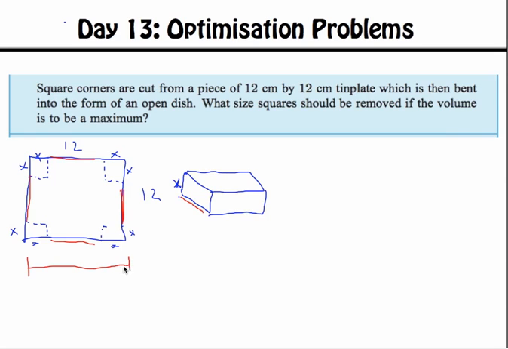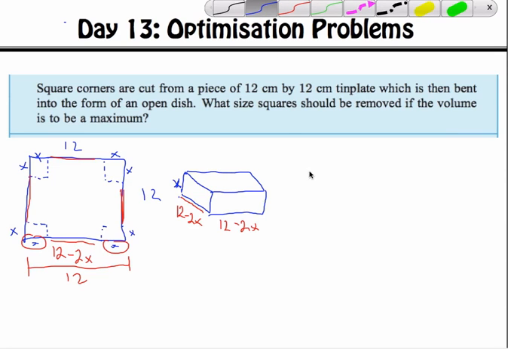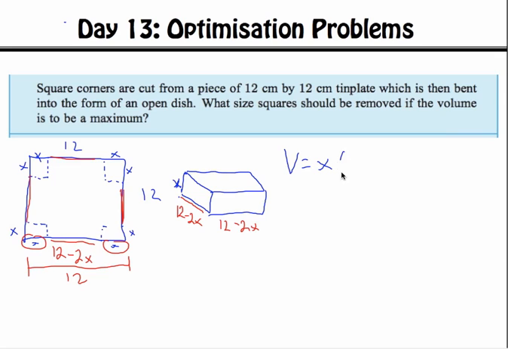This distance here is 12, and we have two x's on the end, so this is going to be 12 minus 2x, and this is 12 minus 2x. So to get the volume, we're going to have volume equals x times (12 minus 2x) times (12 minus 2x). And we can maximize this.